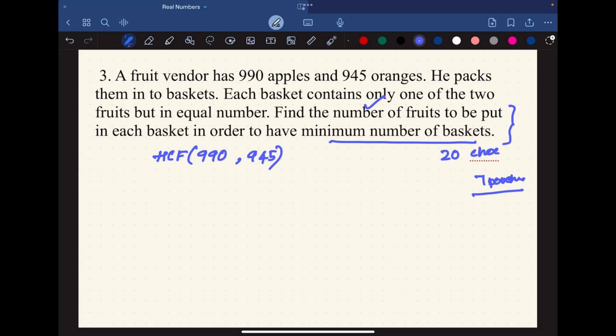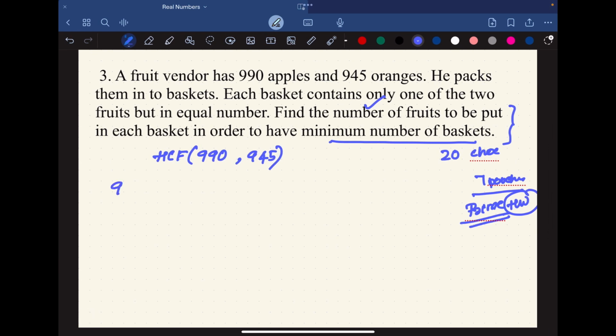As with the previous question, you can try the prime factorization of these numbers first as homework, and then check with the answer you are getting. I'm writing it, and you can check with the answers I'm going to write.